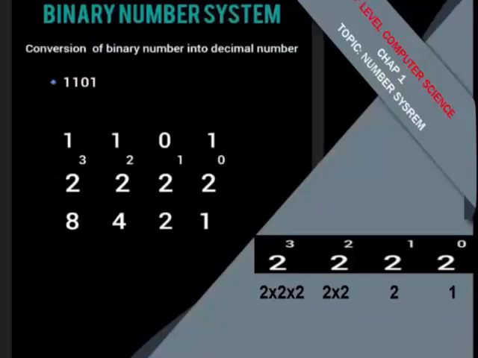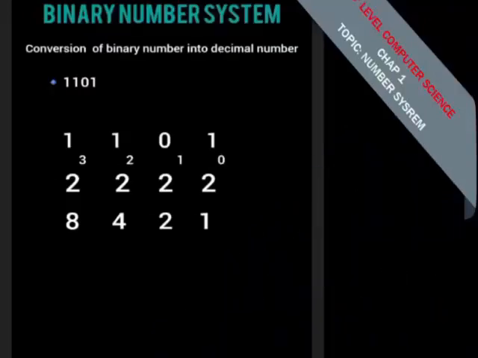Next, move to step number 4, in which we multiply each binary digit with its weight value. So 1 multiplied by 1 is 1, 0 multiplied by 2 is 0, 1 multiplied by 4 is 4, and 1 multiplied by 8 is 8.